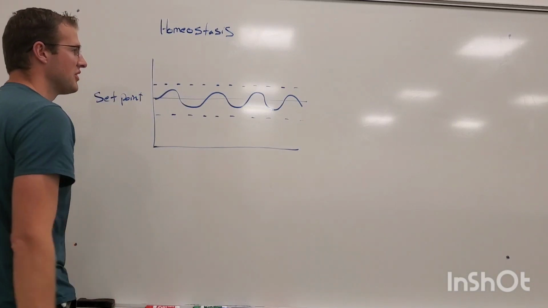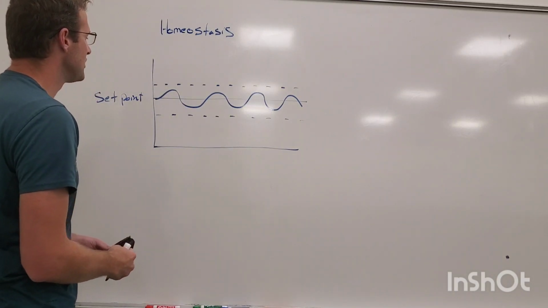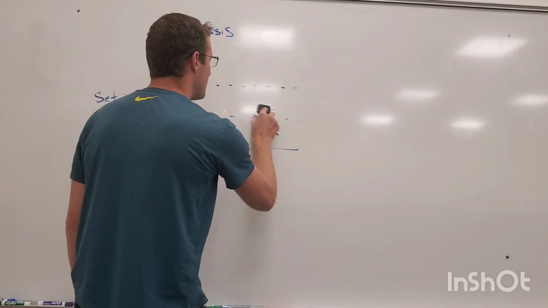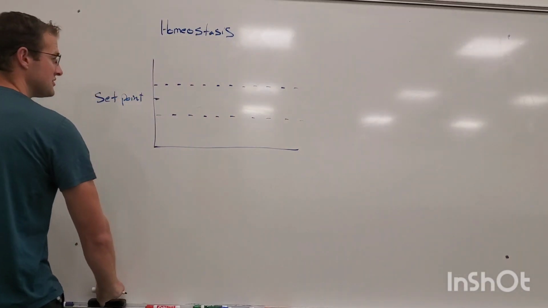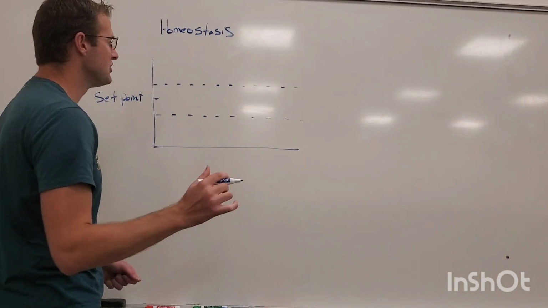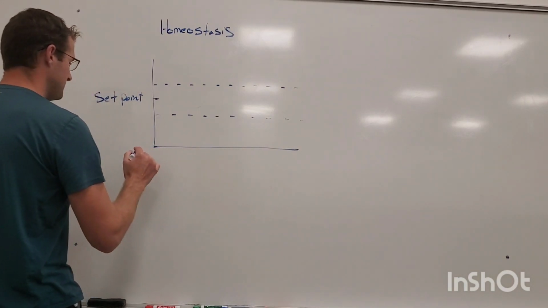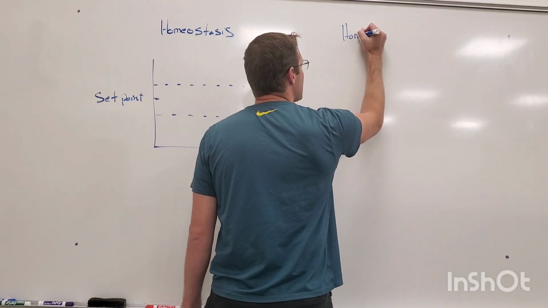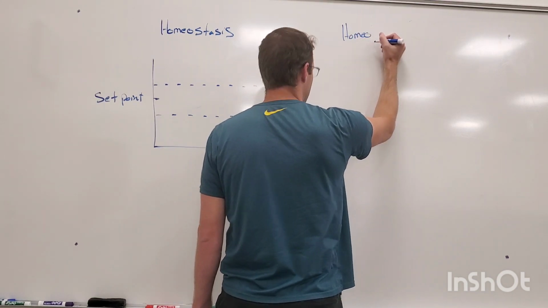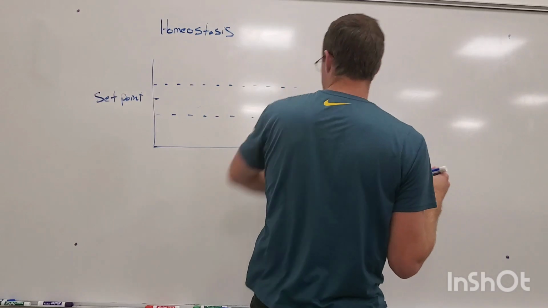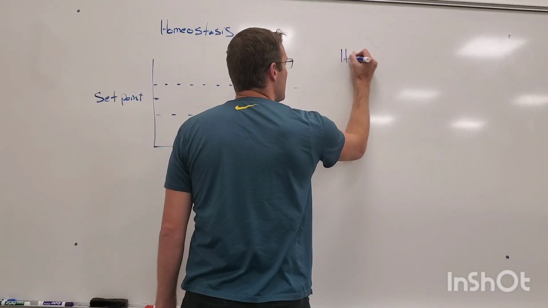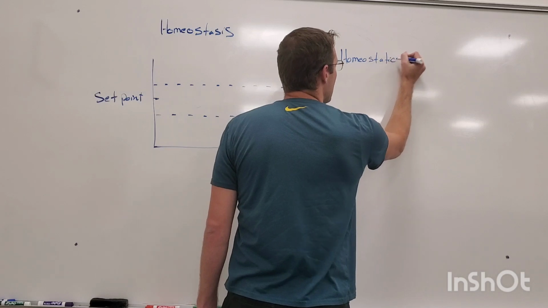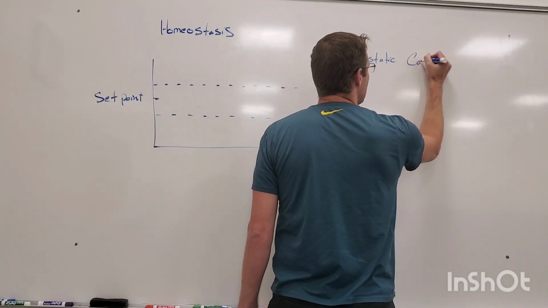To do this, our body has what's called a homeostatic control system. Our homeostatic control system is made up of a few different things. We can just write them over here. So we have homeostatic control.